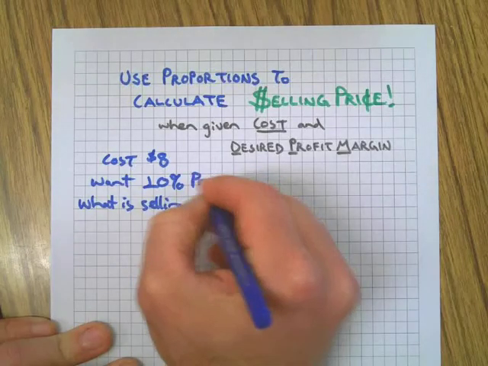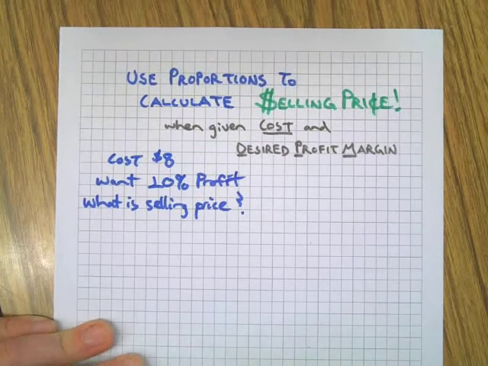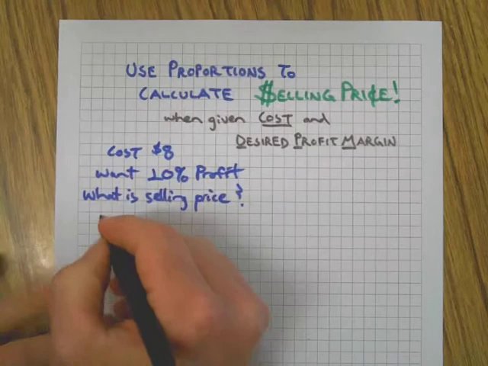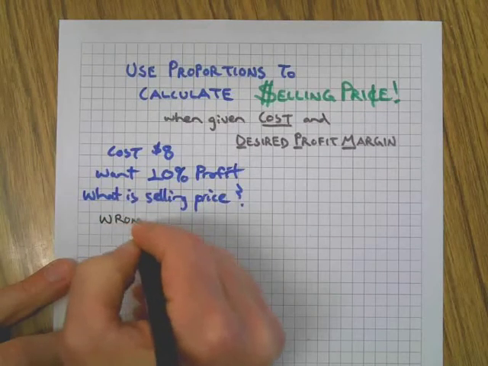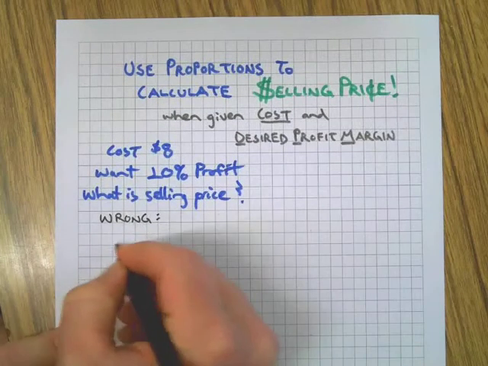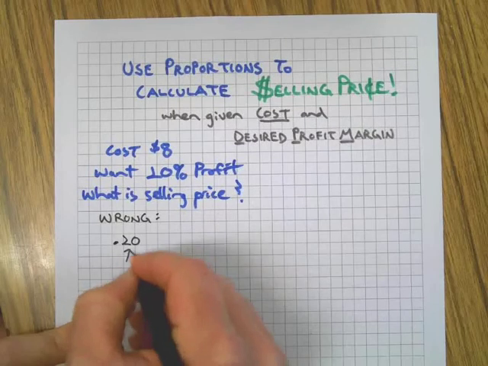Okay, well, here's how I've seen it done wrong. Let's start with the wrong way. I think we learn more from doing it the wrong way. A lot of people would go, oh, what's 20%? Right?